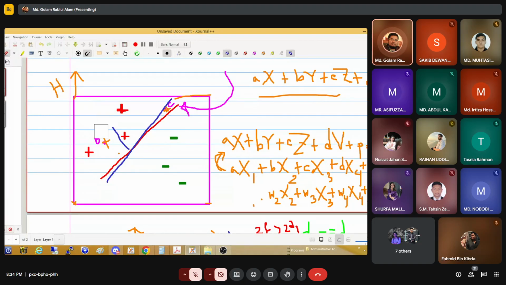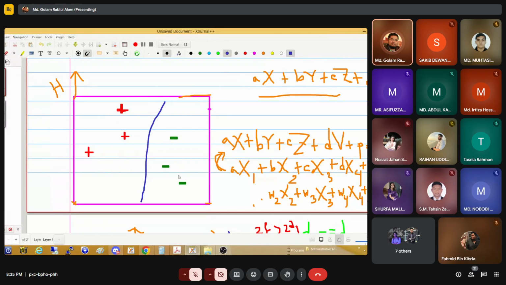So considering our previous data set, this was our data set. If we want to determine the support vectors, at first we can draw a hyperplane this way.